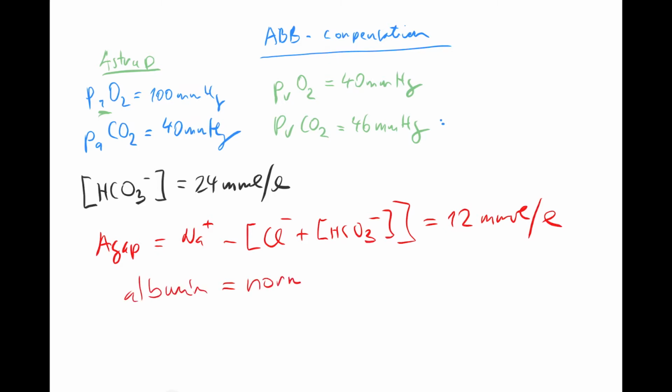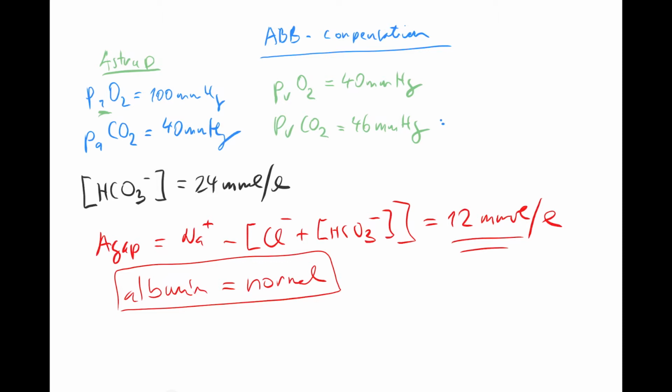If it is not normal, because this is just a counted value, albumin will wildly change the normal A gap. So be aware if someone has nephrotic syndrome or cirrhosis, so liver problems, then he has decreased albumin, and the real number that the A gap should be is not 12. It's going to be lower.